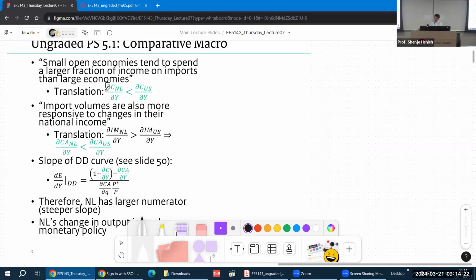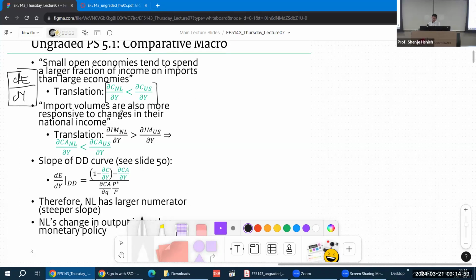So in which case we can conclude that the sensitivity of consumption of the Netherlands is most likely less than the domestic consumption sensitivity of those living in the US, right? So that's one conclusion you can draw based on the description and also the definition we gave you for dE over dy, right? So given that expression, we care about this term, so we draw some conclusions based on that sentence with the term that we saw in the expression for dE over dy, right?